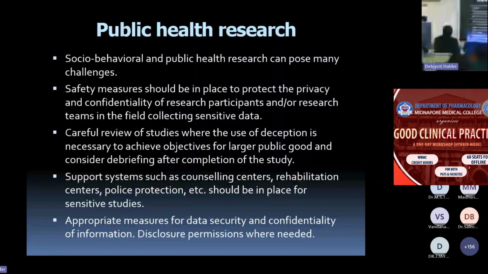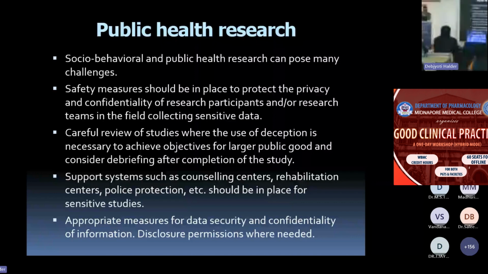Instead of doing randomized control studies, you do cluster randomized studies. So instead of randomizing children in villages to the 2 study arms, you randomize villages to the study arm. So all the children in one village gets yellow and all the children in another village gets red. So these are some of the special considerations in public health research, and the guidelines talk about them.